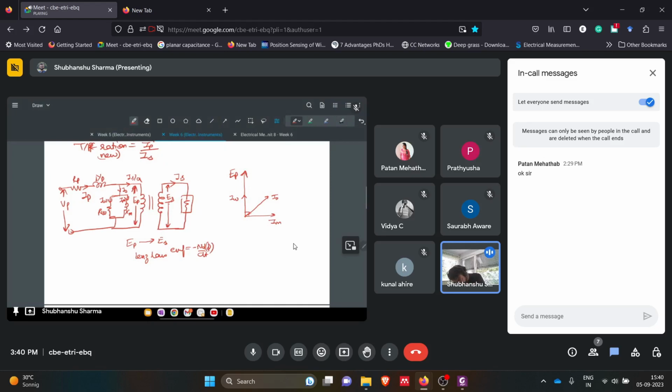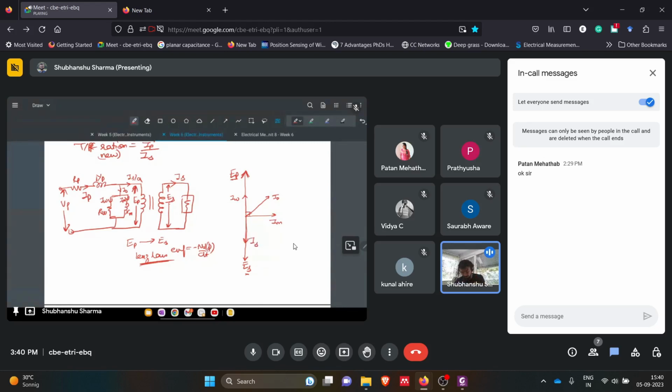So that's why the phasor of ES will be this one. Easy, no issues. That is 180 degrees apart from EP, because EP induced ES. Now we have this IS. Since the burden is resistive, IS will be this one.